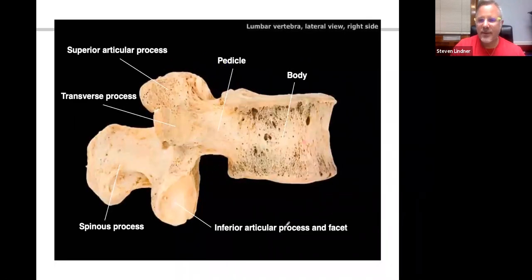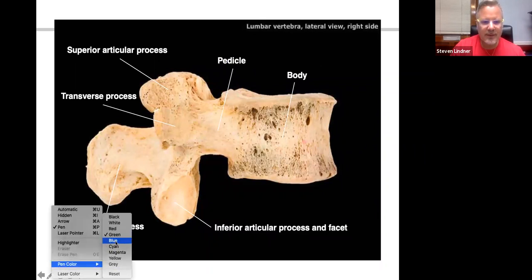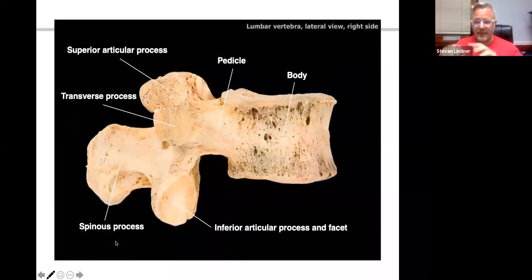Let's look at it from the side view. We'll make this blue. So now we're looking at this. This is a lumbar vertebra. The lumbar have the largest vertebral bodies and the shortest, knobbiest spinous process, but they're heavy bones. So this is the vertebral body from the side view.